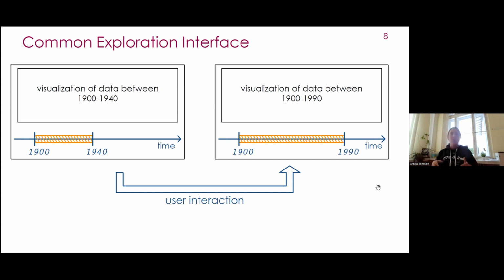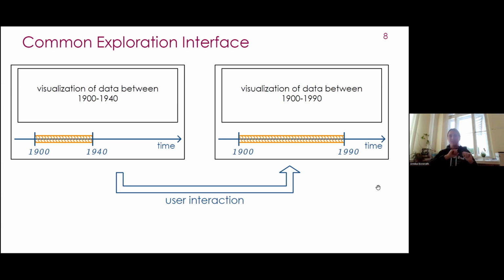And typically, we allow users to visualize only the data in certain time windows. So here you can see on the left, the first time the user sees the interface, there's a visualization of the data between 1900 and 1940, and then the user can interact with it and look at the data between 1900 and 1990, for example. So now we know how the interface could look like, but what is actually the visualization?